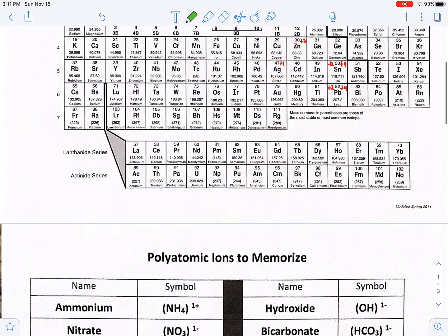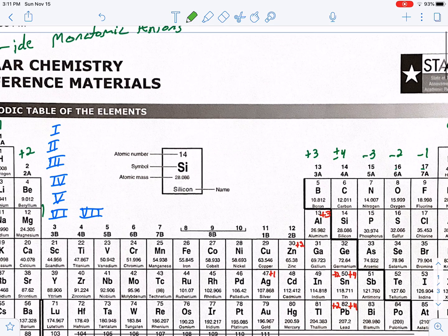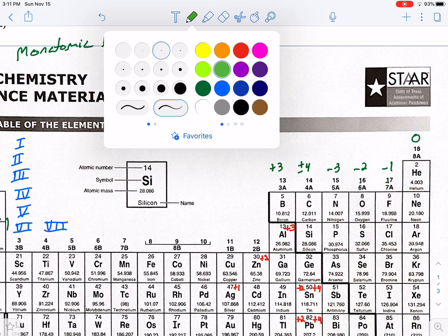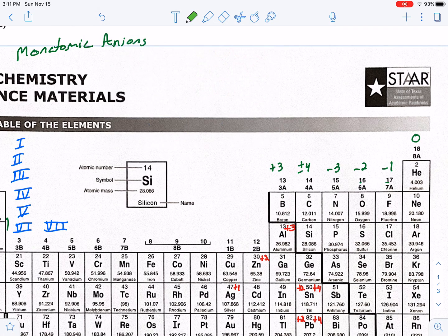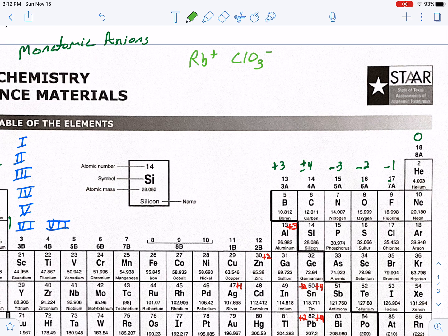So now we're going to try to do some balancing using those. Let me zoom in a little bit. Let's start off simple. So I have Rb with a +1 charge, and I have ClO3 with a -1 charge.